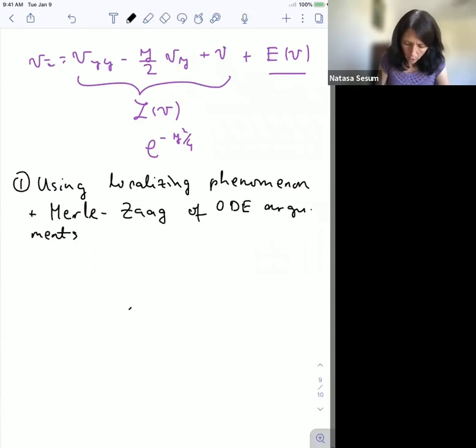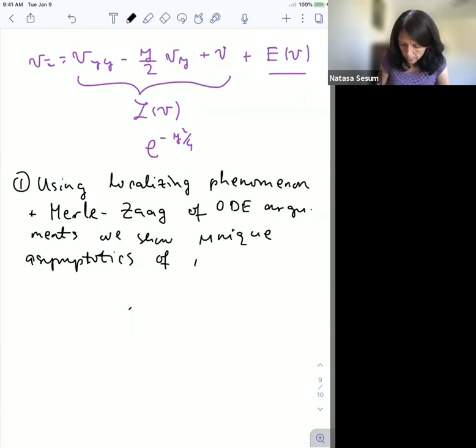We show unique asymptotics of ancient ovals as tau approaches negative infinity.